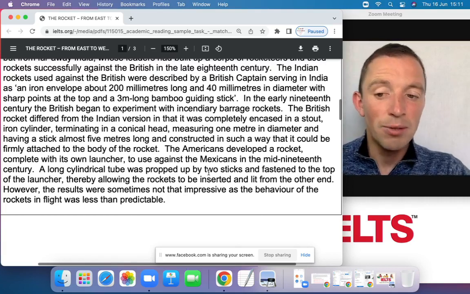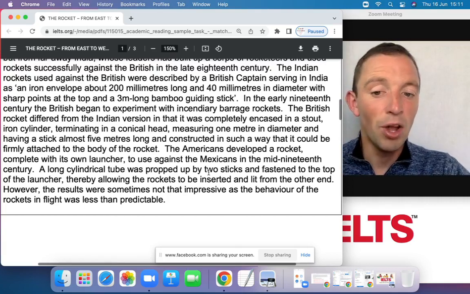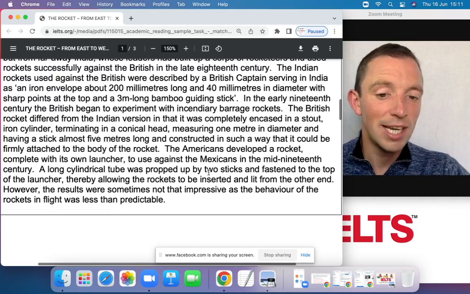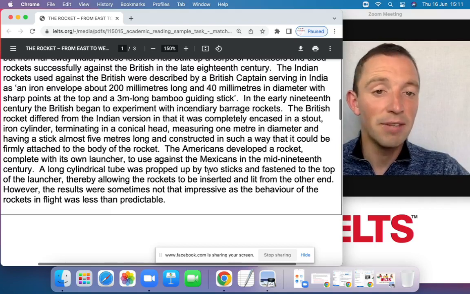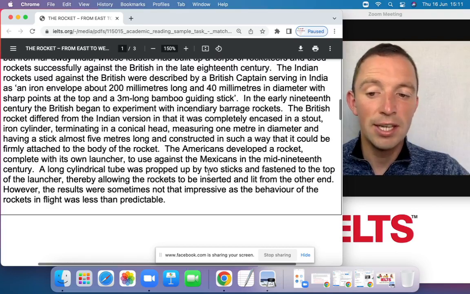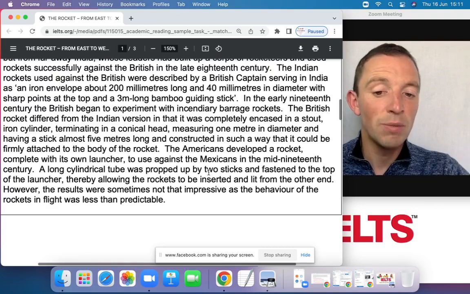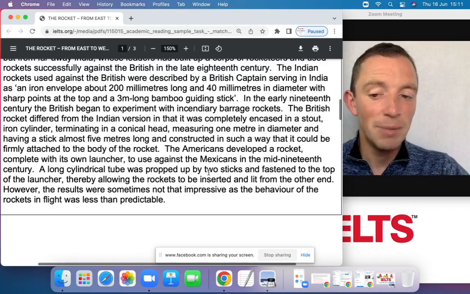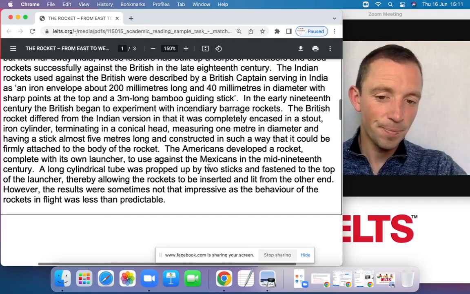The Americans developed a rocket complete with its own launcher to use against the Mexicans in the mid 19th century. A long cylindrical tube was propped up by 2 sticks and fastened to the end of the launcher, thereby allowing the rockets to be inserted and lit from the other end. However, the results were sometimes not that impressive, as the behavior of the rockets in flight was less than predictable.